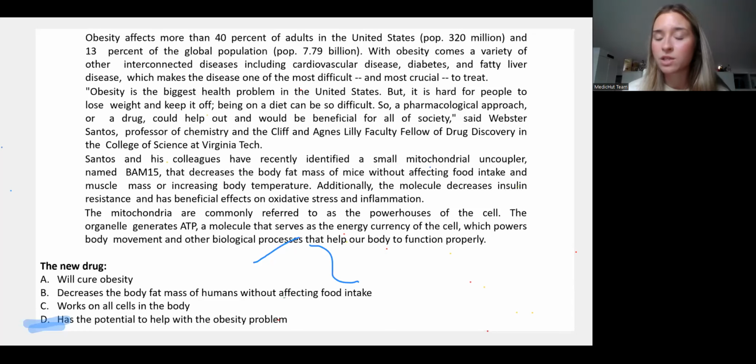You also have statement-based questions that are like, which of the following is true, which of the following is false. Those are a lot more difficult because you have 4 different statements from 4 different areas of the text. You also have statement-based questions which are like, which of the following best describes the aim of the passage, or which of the following best describes the tone of the passage. And we'll talk a little bit about how to answer those questions later on as well.